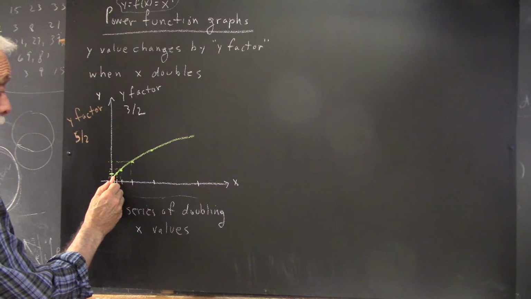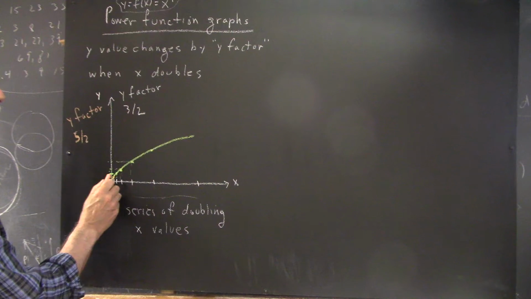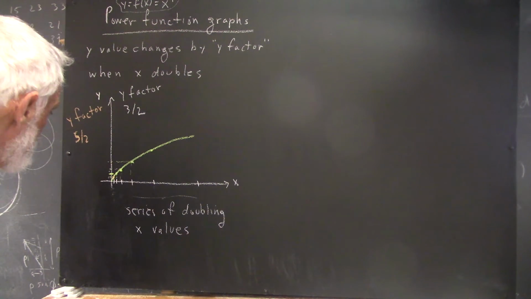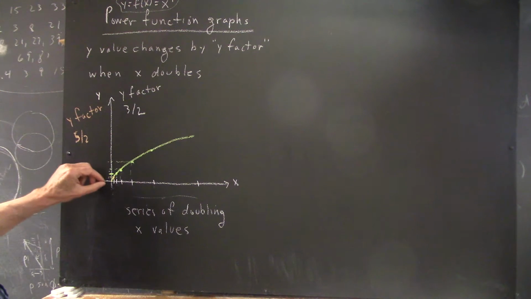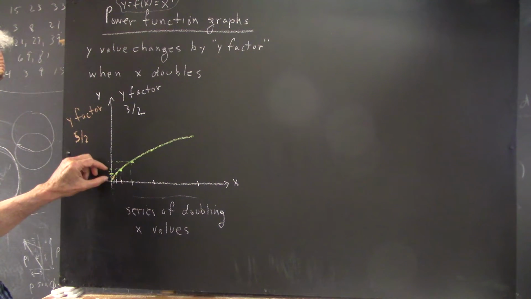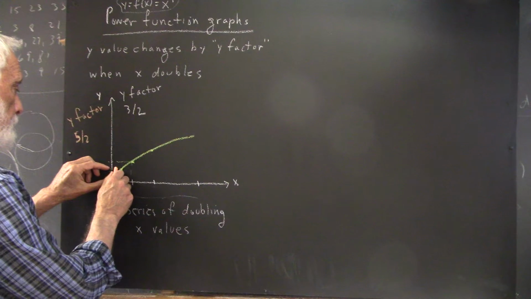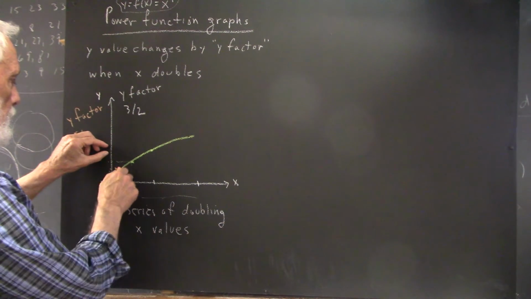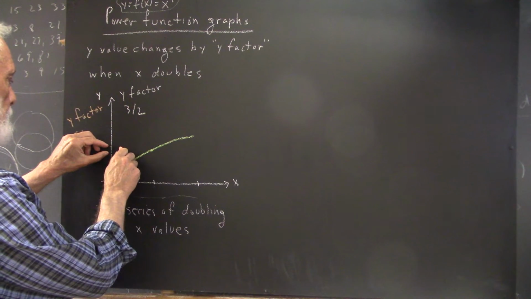So I can use this first point that we used on the 3/2 graph, but now I'm going to have to double this and then add half. So I've got to take this, do it again, and add half, and that's probably going to get me up to about here for the second point. Then if I double this and add half of it, that's going to probably put me up about here. That's going to be above this point.